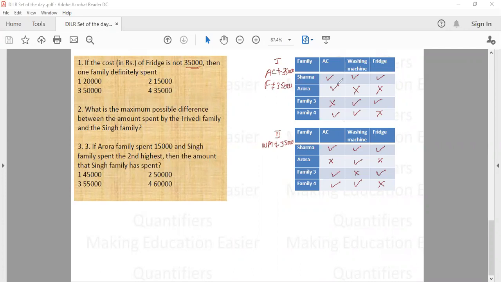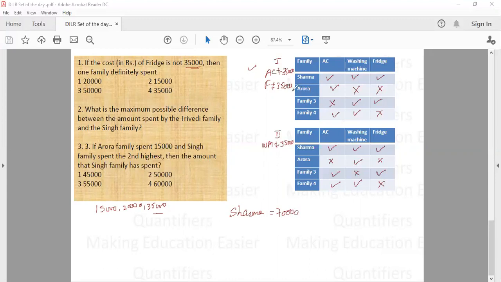In this case, since the Sharmas purchased all three items, the Sharmas must have spent all three values, which were 15,000, 20,000, and 35,000. That means the Sharmas must have spent 70,000 in this case.